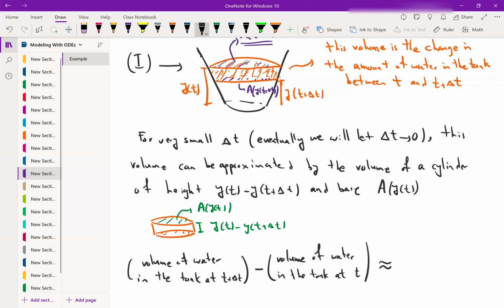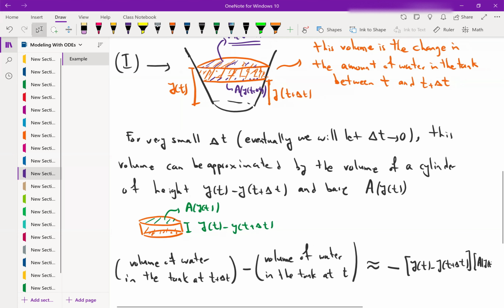So at time t plus delta t, the volume of water will be less than the volume of water at time t. So this is negative times the volume of this shaded region approximately, and this approximation becomes better and better as delta t goes to 0. Negative height times the area of the base, A of y of t.